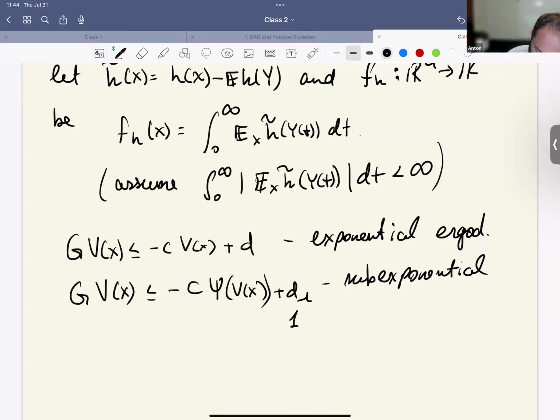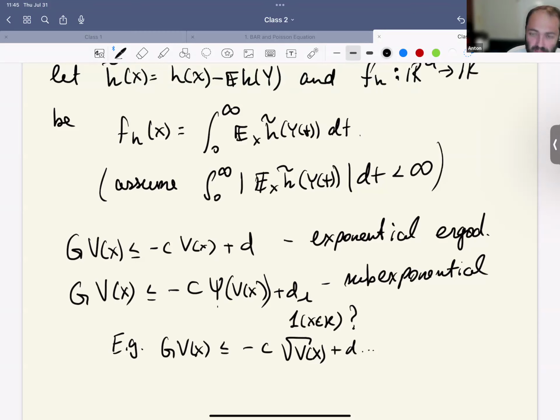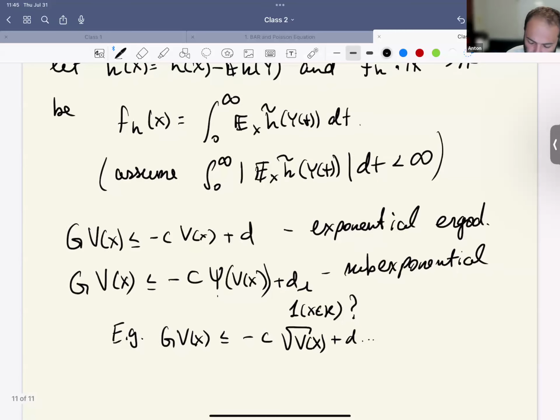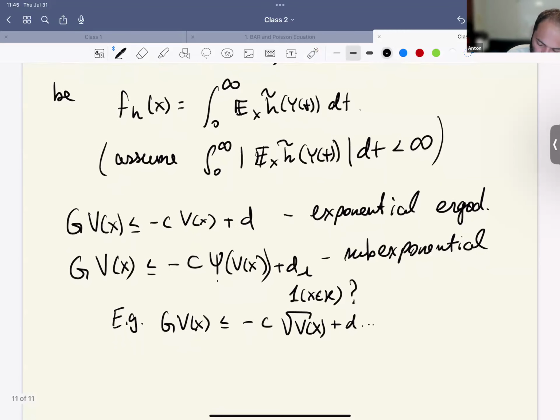I forgot whether there should be an x or not. I believe psi is usually convex or concave, one of those. As a special example, if you can show that G v(x) is less than or equal to negative c square root of v(x) plus a constant, then we can get some kind of polynomial convergence to the steady state result.